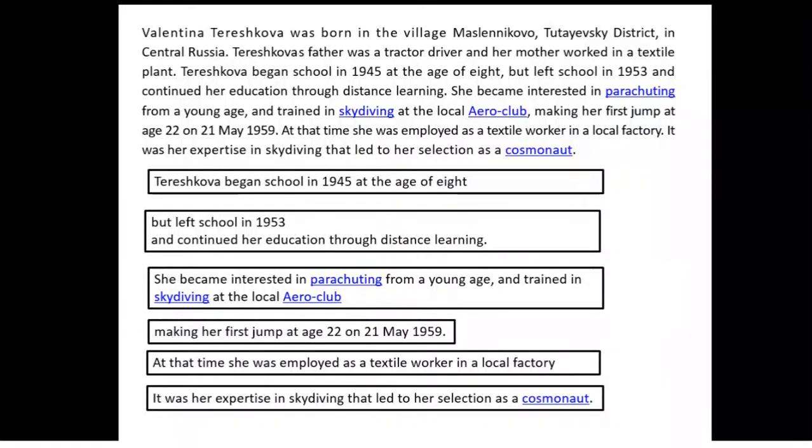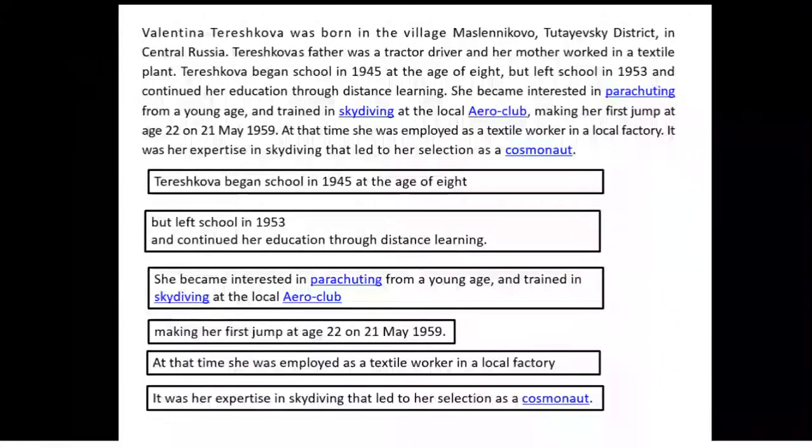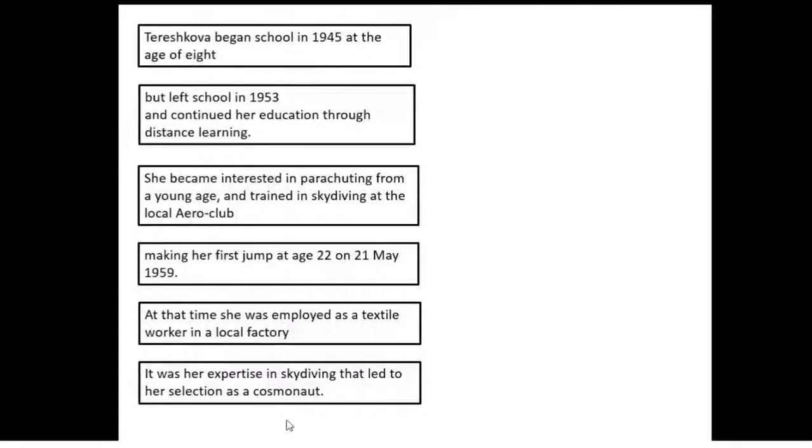I have already told you that in a short note you will avoid the use of be verb and also you will use the action verbs only. So let's do that. These are the selected points appropriate for the answer, and now we will process these points as short notes.